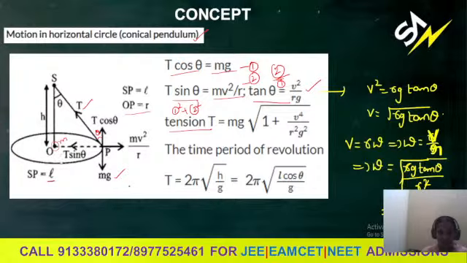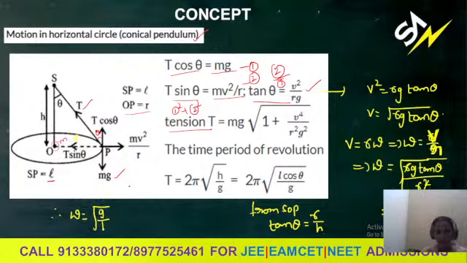And from the figure, if you take this triangle SOP, we can write tan theta equal to opposite by adjacent. Here the opposite side is r, so tan theta is equal to r by h. If we substitute tan theta as r by h, then omega is equal to under root of g by h.